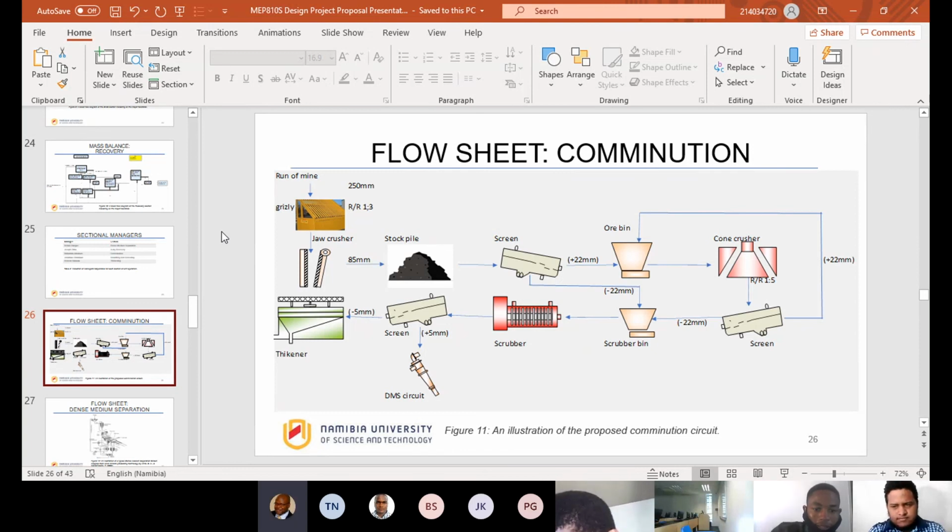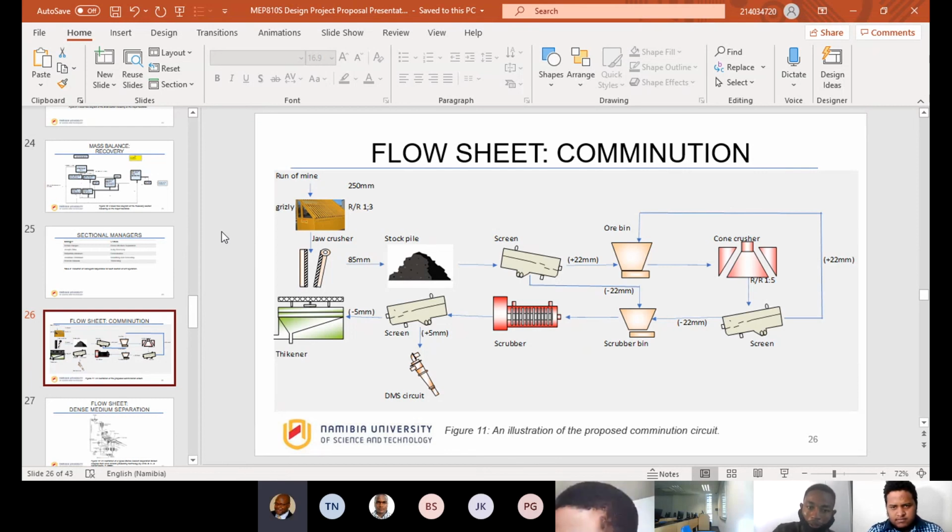The minus 3 millimeters was like 0.05 carats per ton, and the 30 millimeters was 0.06 carats per ton. Yes, that is fine.